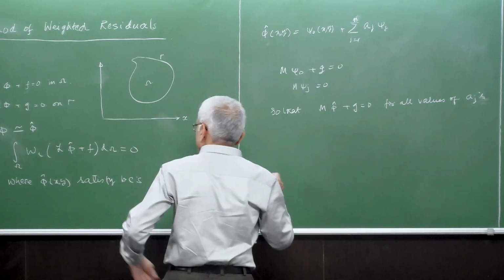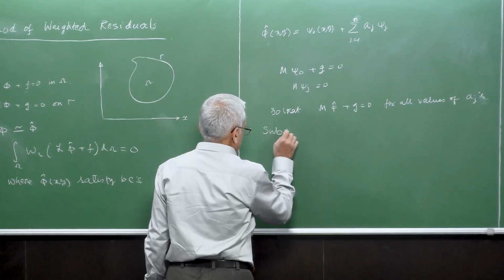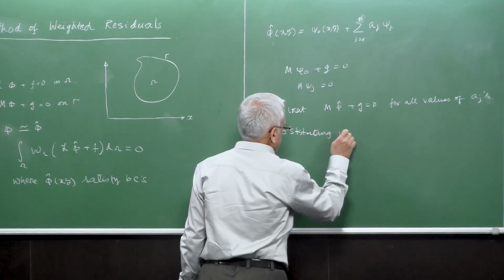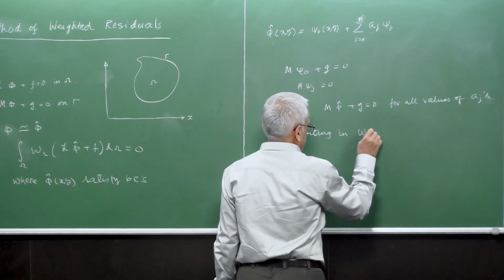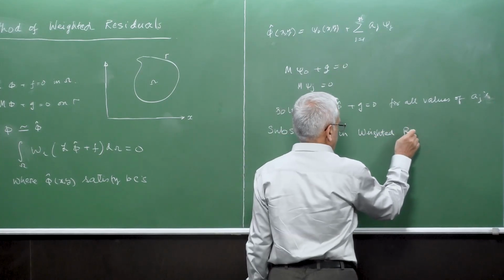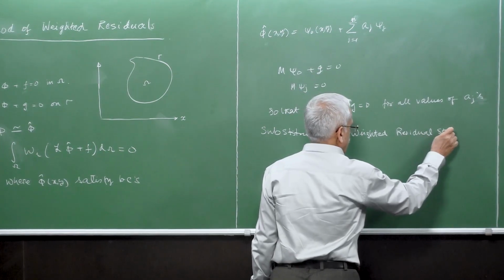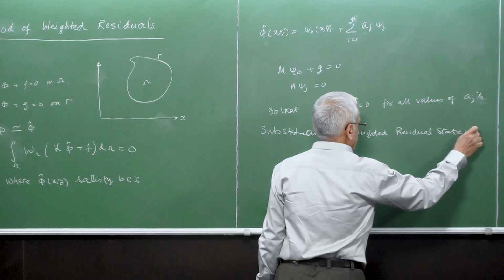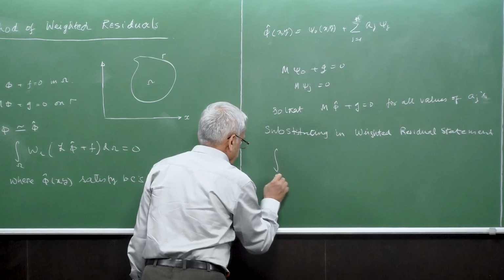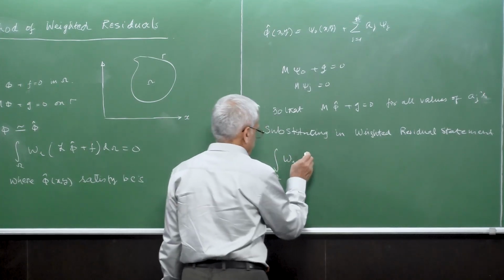For that, let us take this equation and substitute it in the weighted residual statement. What we are saying here is that this is the integral over Wi. Wi is a function of x, y itself.